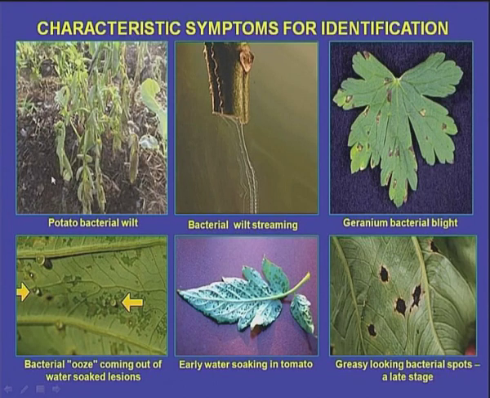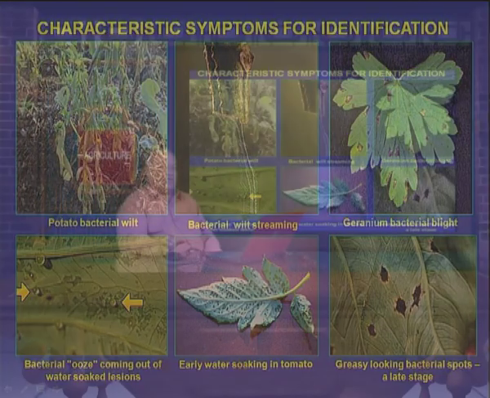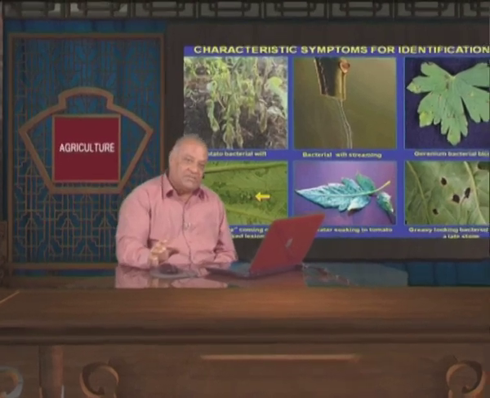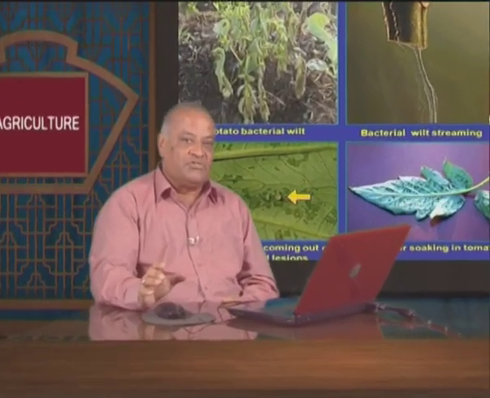Here we are looking at the potato bacterial wilt. As I told you earlier, wilts are very important bacterial diseases, because they are caused by the plugging of the vascular tissues.